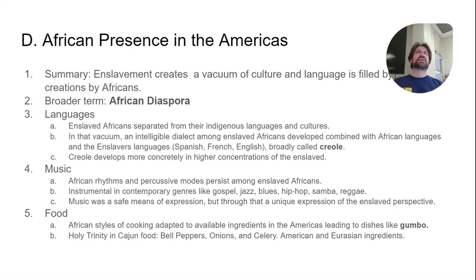In a lot of ways, it becomes a unique expression of African American culture. When I say African American, I'm not just talking about African Americans in the United States, but Africans in America and Caribbean and South America as well. A good example of this would be the African American spiritual.